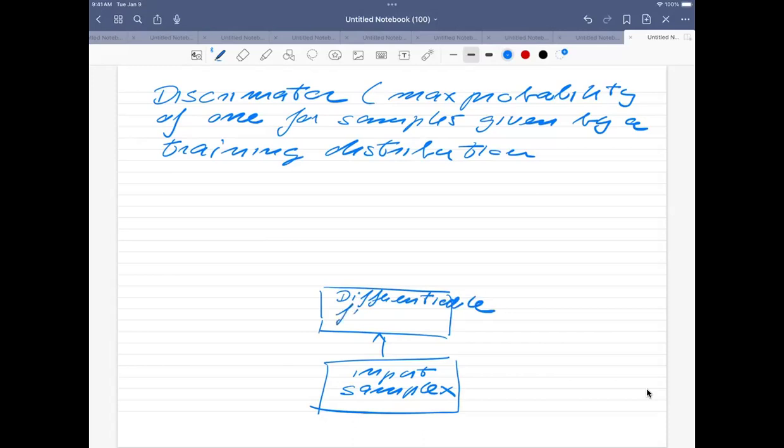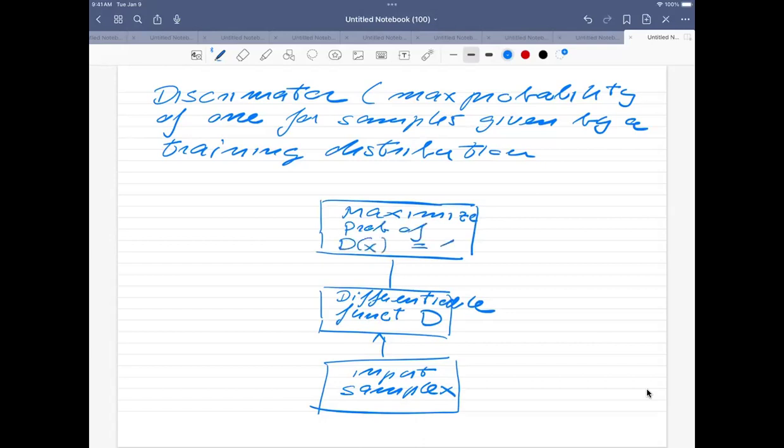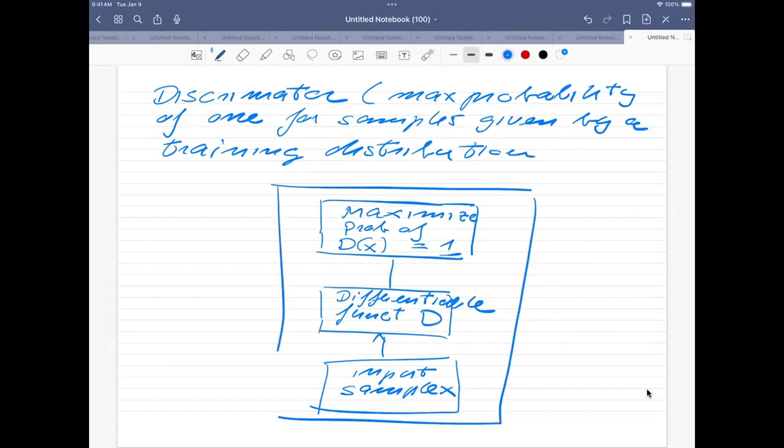So there is some differentiable function, which we just call D, and we want this to maximize a probability, the probability of D of X, and we want that one to be equal to 1. So this would be the basic layout, a more overarching view of the discriminator model.